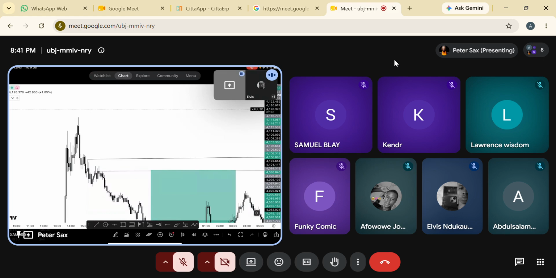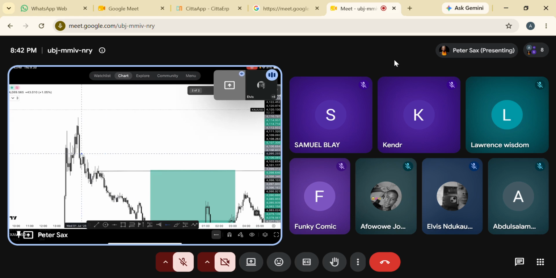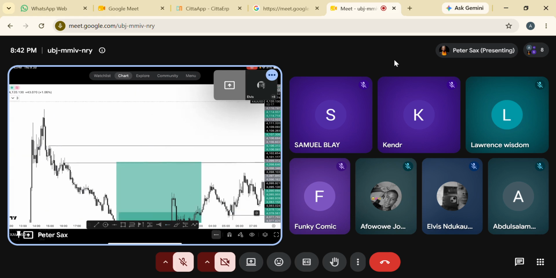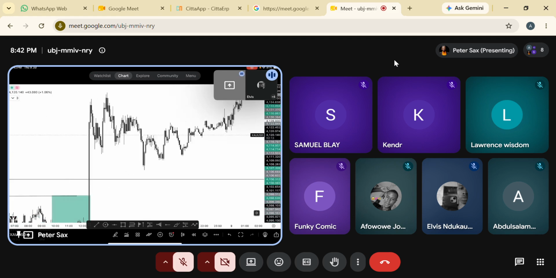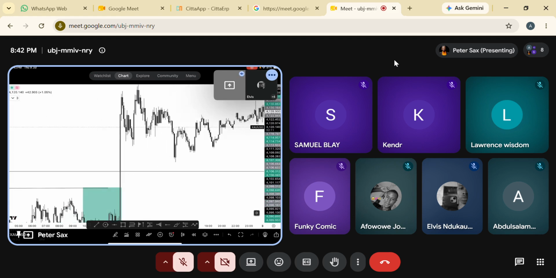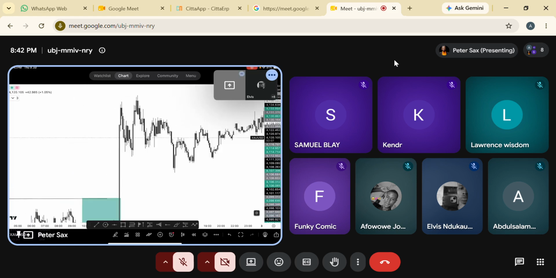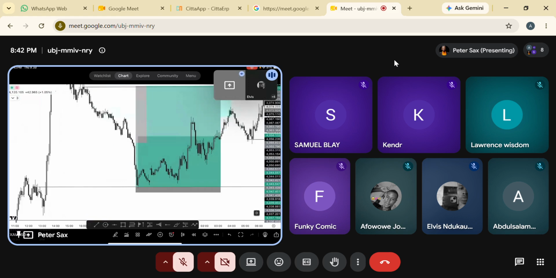That one or this one, after this up move, this one here. It still did not even reach there. That didn't reach there, but that's how break and retest works. Let me find one more example.